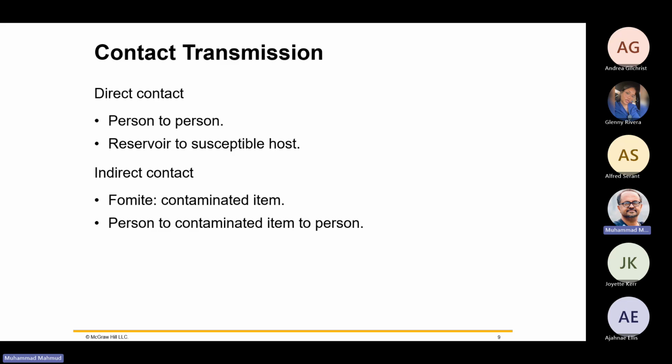Contact transmission occurs when a susceptible host comes in contact with a reservoir of pathogens. Direct contact occurs when the susceptible host touches the infected person directly. Indirect contact occurs when the susceptible host comes in contact with an item that has been handled by the infected person, like fomites, contaminated items, or person to contaminated items to person.